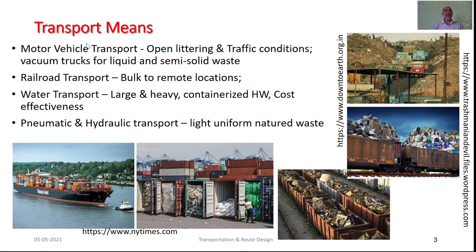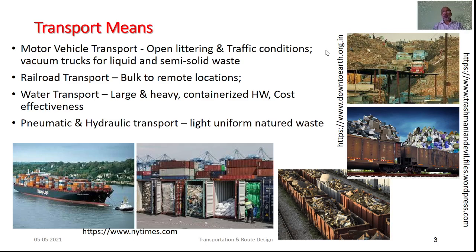As we consider this as an individual means for the transportation, the motor vehicle transport is quite convenient, but if we use certain open top containers, they may lead to littering of the waste. As well, it has to face traffic congestion.